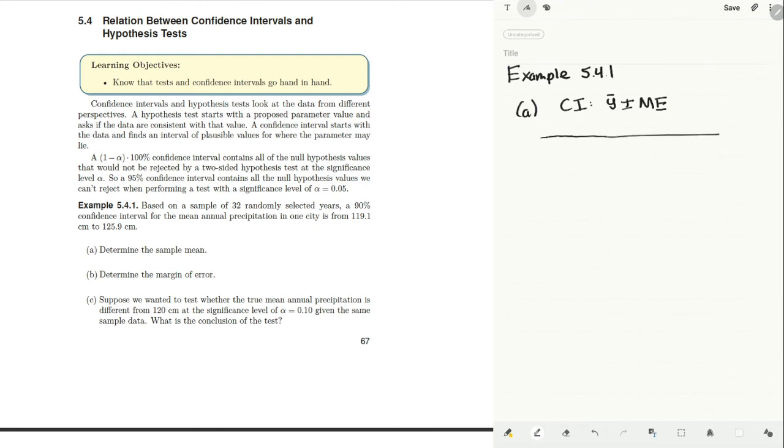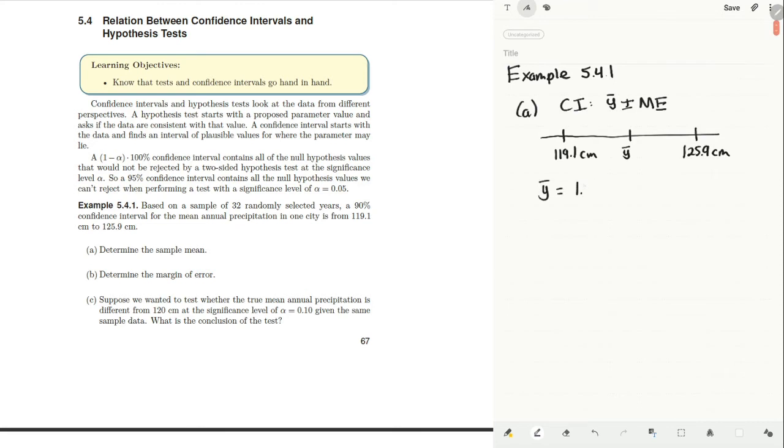So the confidence interval that we have is from 119.1 centimeters to 125.9 centimeters. To determine the sample mean, we can take the midpoint of these two values.